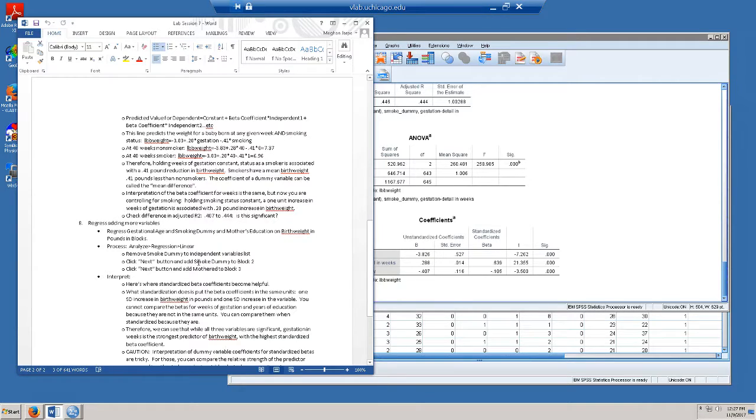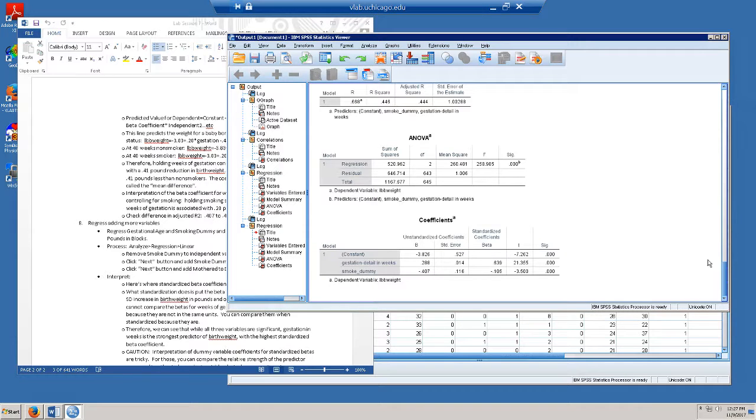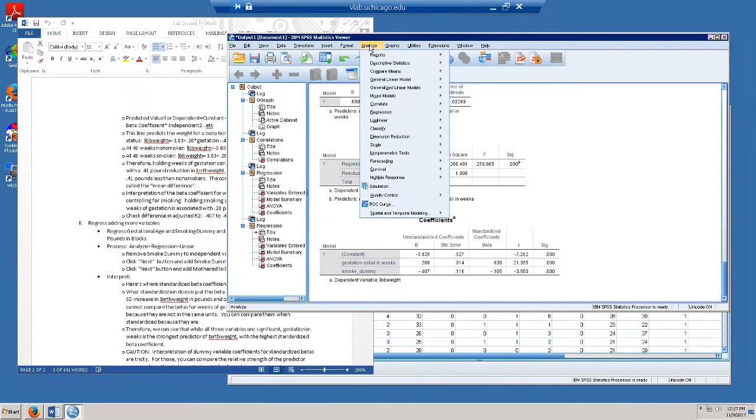Okay, so let's add another variable. Let's add in our mother's education. Another thing that you may want to do as you're comparing these different models is to do your regression in blocks, so that you can see all of those different models when you added those variables together in the same output.